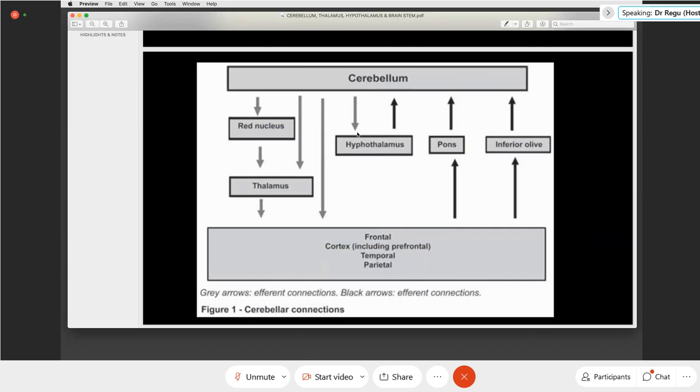They go back to the hypothalamus, and directly to the cerebral cortex. They go to the thalamus, particularly for motor functions. The red nucleus, as I said, is also involved in motor function and ocular function, and they go back to the cortex. So technically, they are all outflow tracts you're talking about. But I suppose the black should be afferent, and the gray should be more accurately efferent. All right. Okay, thank you.